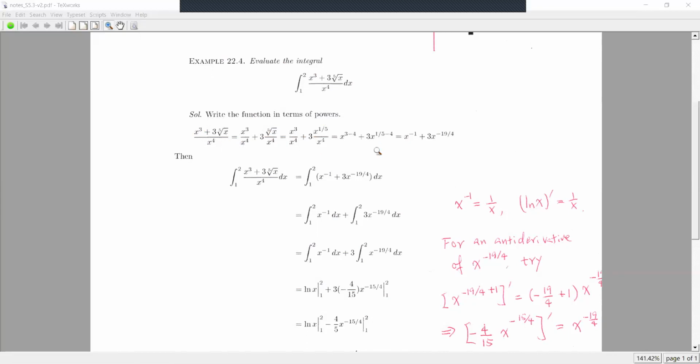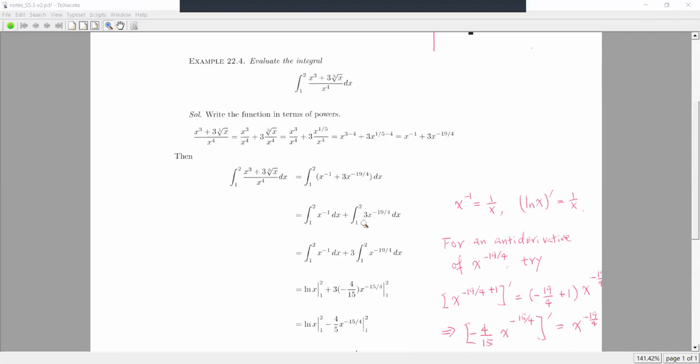The function is a sum of these two powers. Therefore, this integral is equal to the integral of this sum. Now, by the summation formula, I write this sum as the sum of these two integrals.